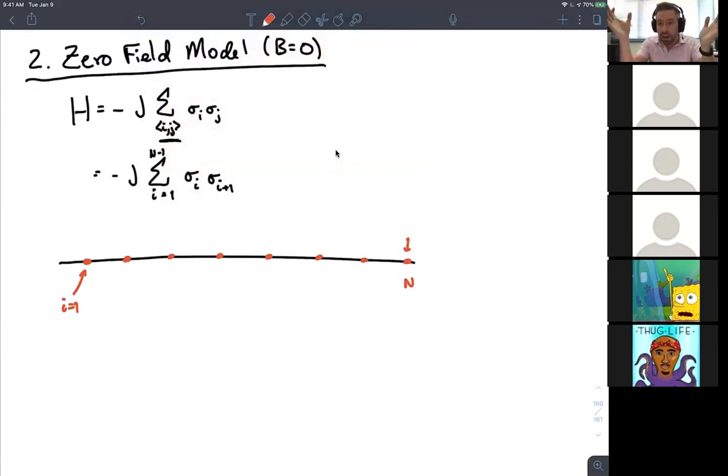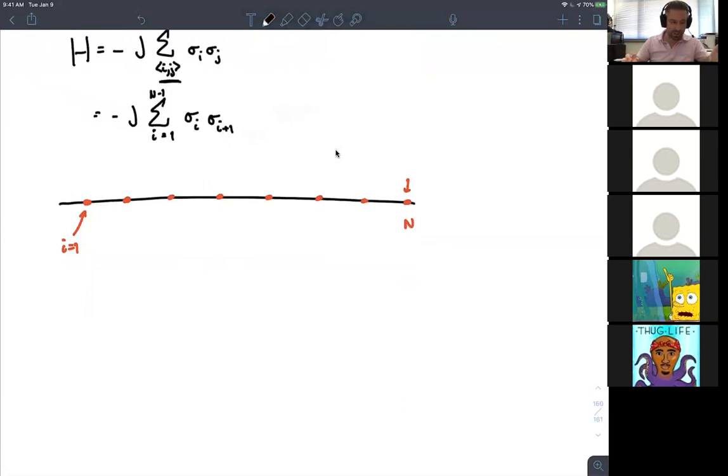Do we stop? Do we wrap around in a circle so that we go back to where we started? Generally you'll get the same behavior regardless, at least in the middle of the chain. You'll only get funky things happening at the edges depending upon what you choose as your boundary conditions.